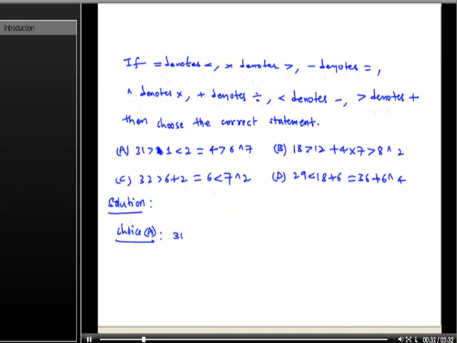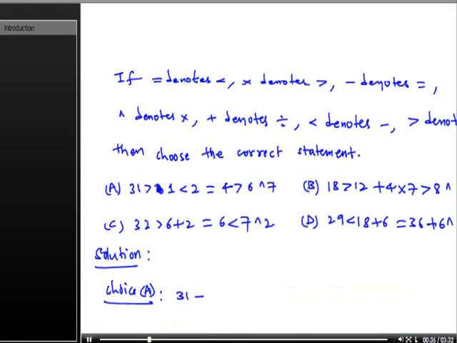Consider choice A. Here 31 greater than means plus 1 less than means minus 2 is equal to means less than 4 greater than means plus 6.